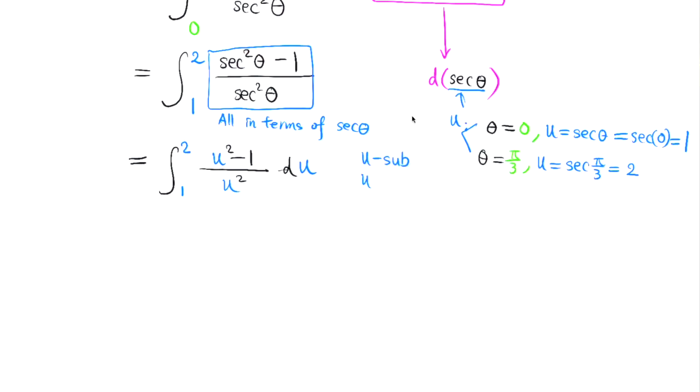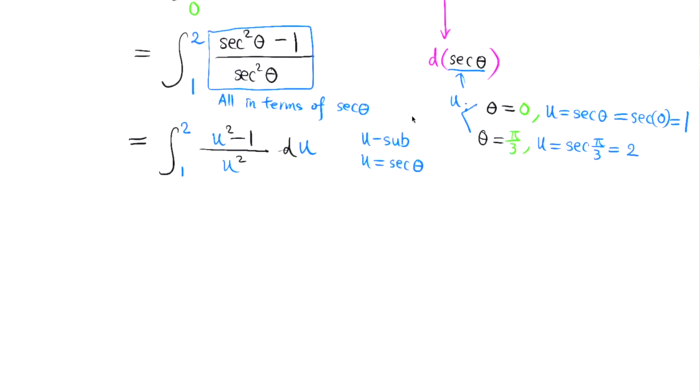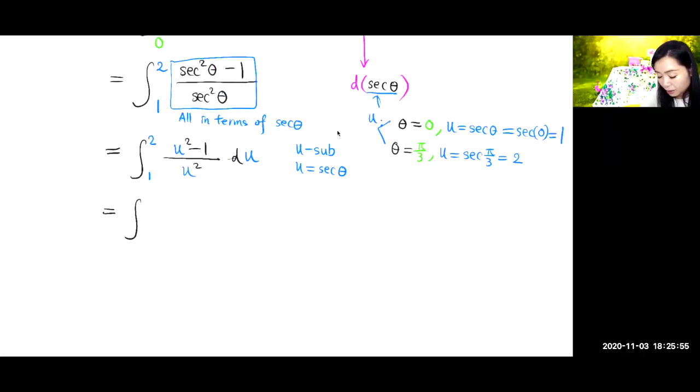We have u equal to secant theta. This time we're going to separate this. So take each term on top here, divide by this denominator. So we get 1 minus u to the negative second power.